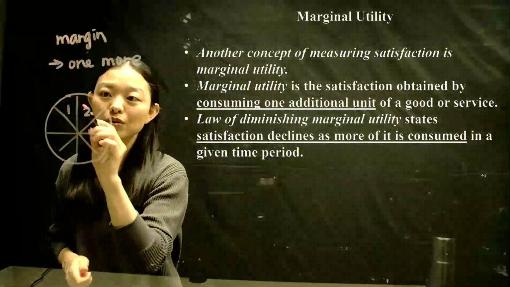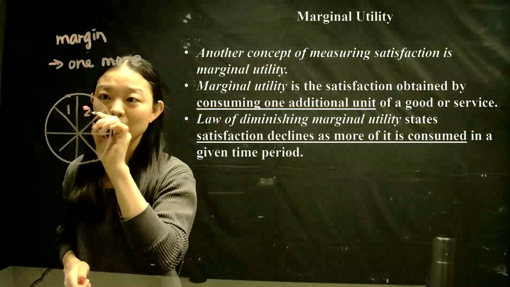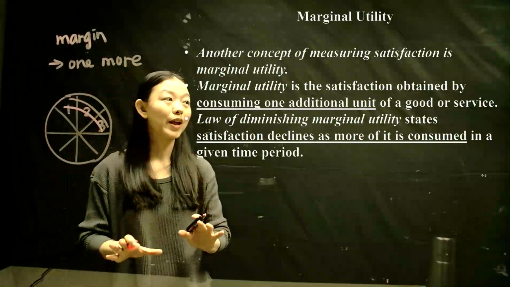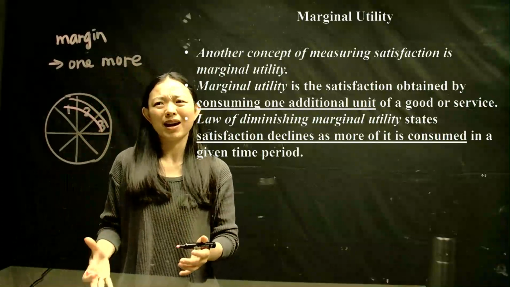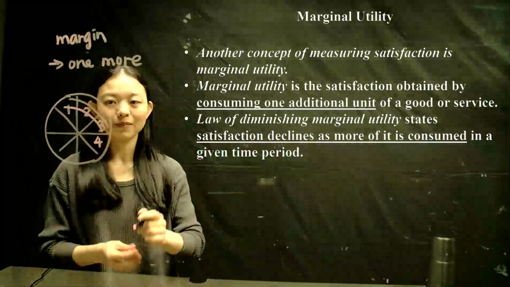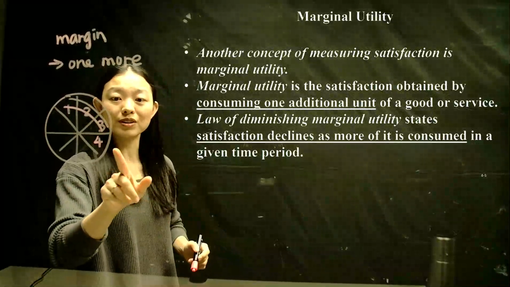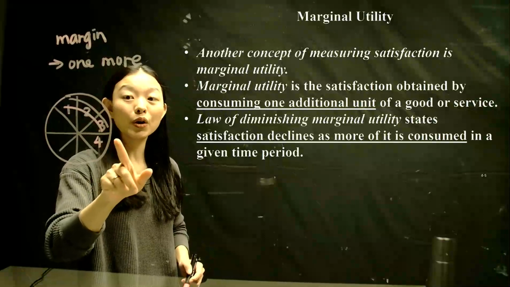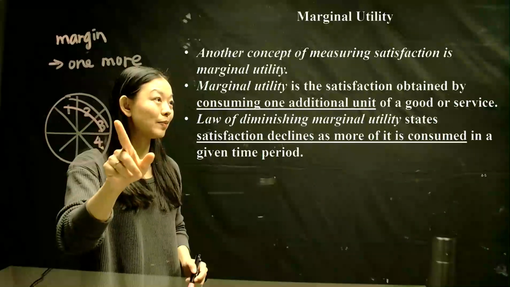If we assume that after eating three slices of pizza you are already full, but you decide maybe I can eat one more slice of pizza. Actually, this fourth slice of pizza, the marginal utility is smaller than the third one, right?